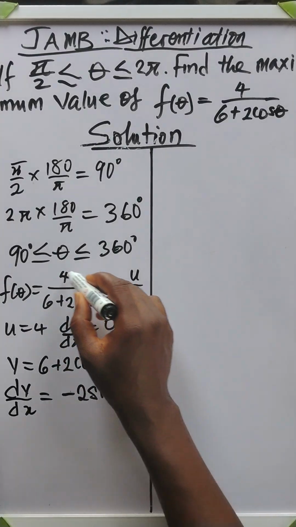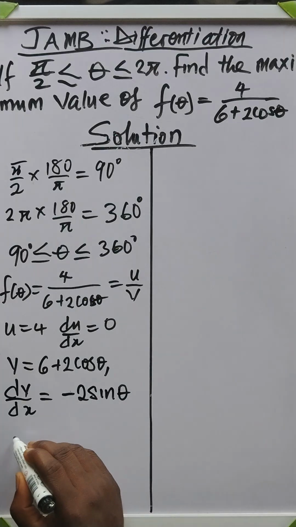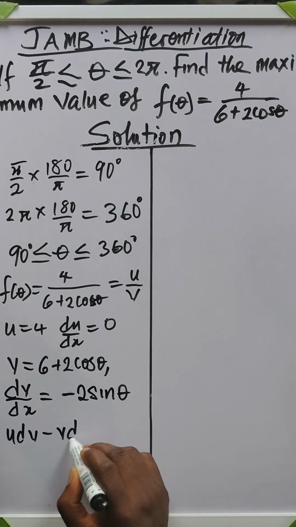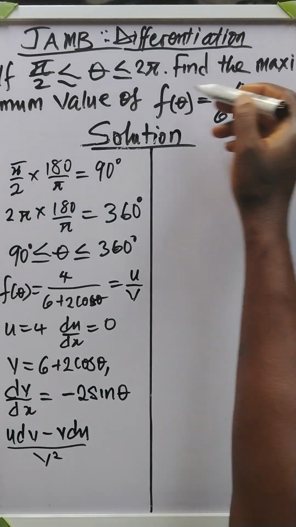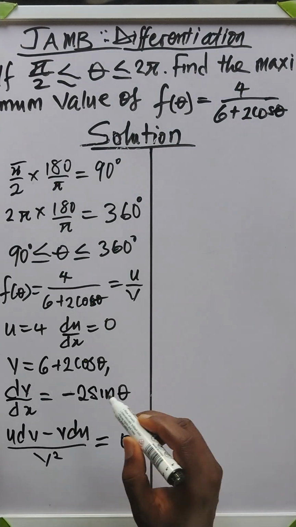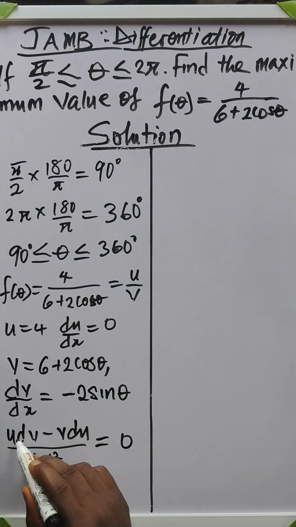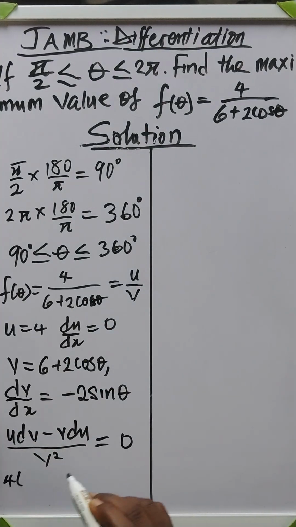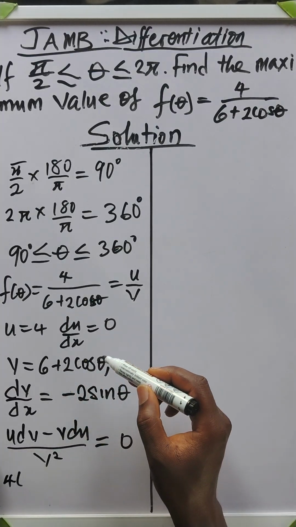Now, differentiating with the quotient rule is u dv minus v du all over v squared. And if this is at a maximum point, this will be equal to 0. So let me differentiate this. What's my u? My u is 4. What's my dv?